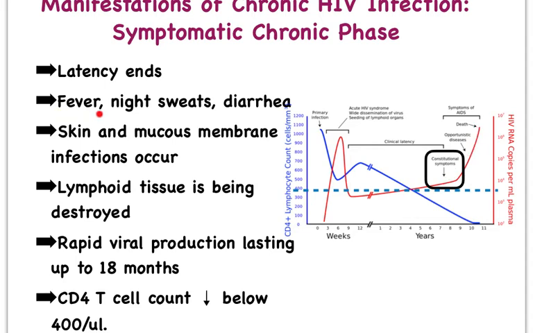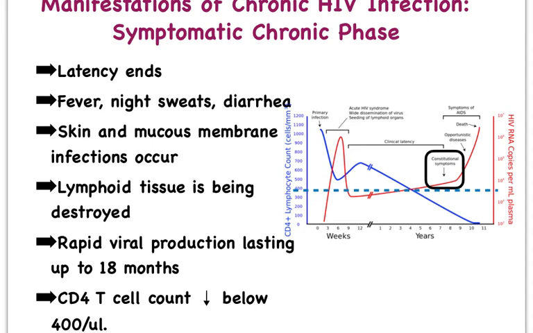We now again see fever, but also night sweats with diarrhea. We're going to see all kinds of infections of the mucosa membranes, including the skin. Lymphoid tissue is getting destroyed. And as you can see, our viruses, remember the right side or the red shows how the viruses change in numbers. So we're seeing a takeoff in the numbers of viruses.